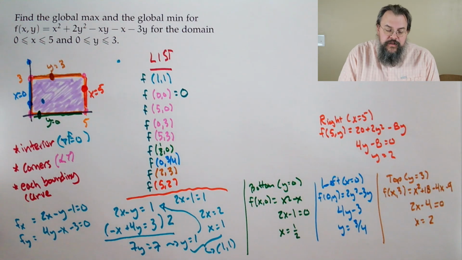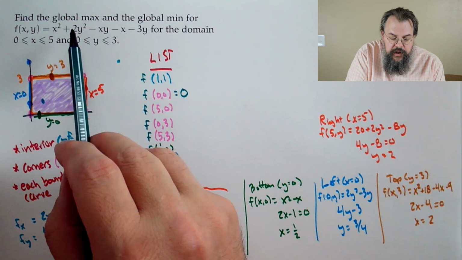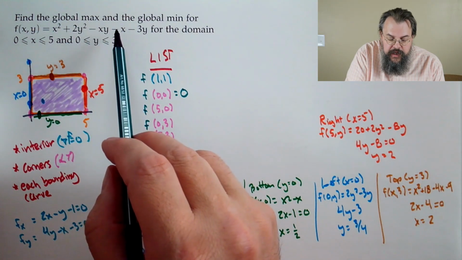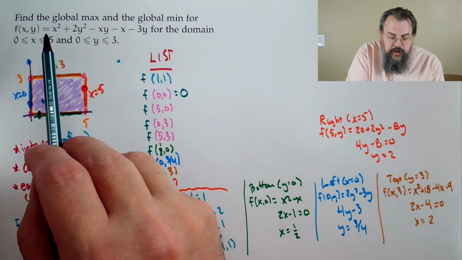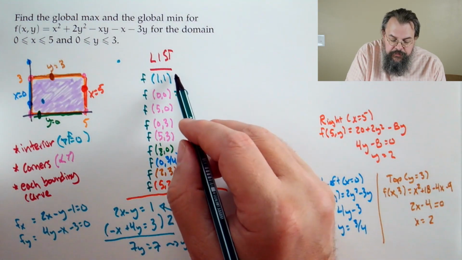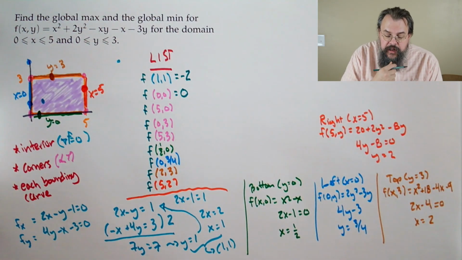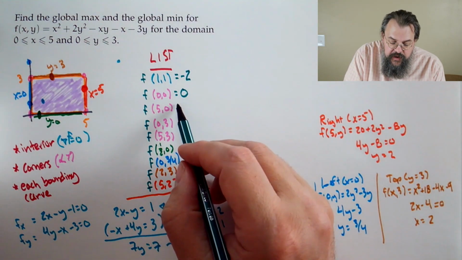Now, (1, 1), that's not so bad. It just says, look, add up your coefficients. You get 1 plus 2 minus 1 minus 1 minus 3. Well, the 1 and the 2 and the minus 3 all cancel, so you're left with minus 2. Now, some you have to think a little bit about. (5, 0).